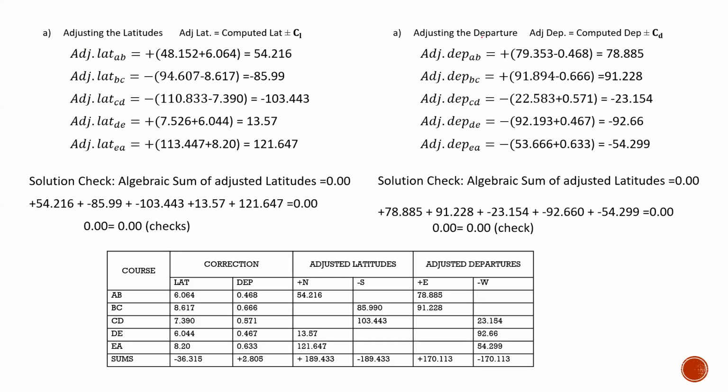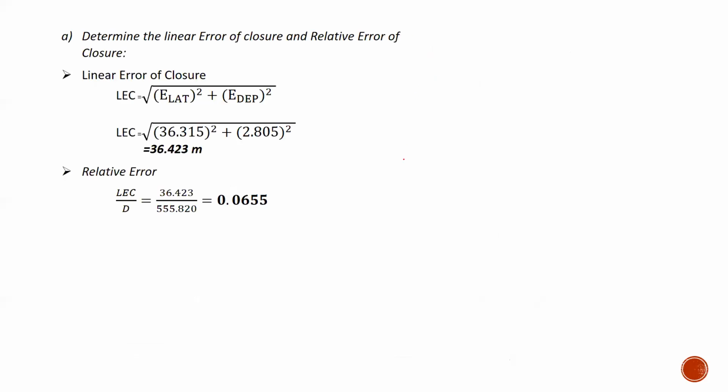Yes po. Okay. Next is, compute natin yung linear error of closure and the relative error of closure. So, again, pag linear error of closure, that is just your square root of your E latitude square plus the error in departure square. So, sa E latitude natin, di ba, meron tayong error na negative 36.315 squared plus 2.805 squared.